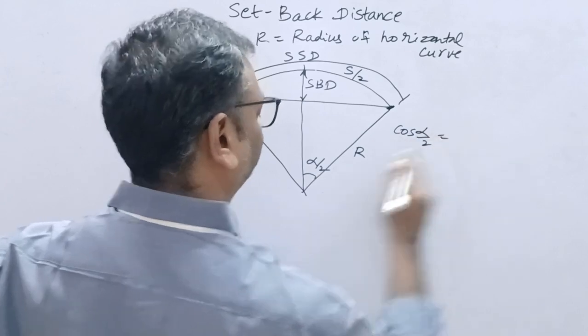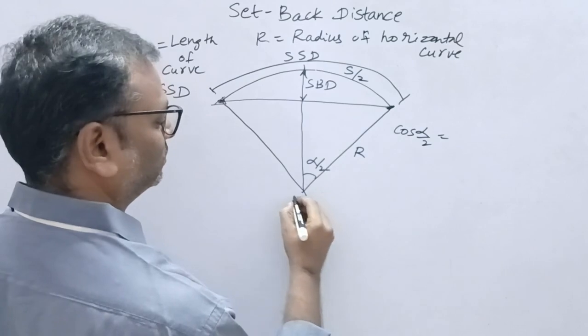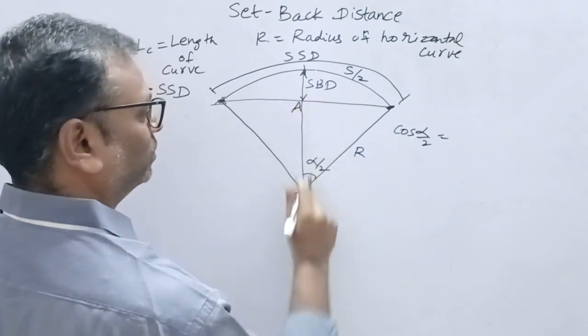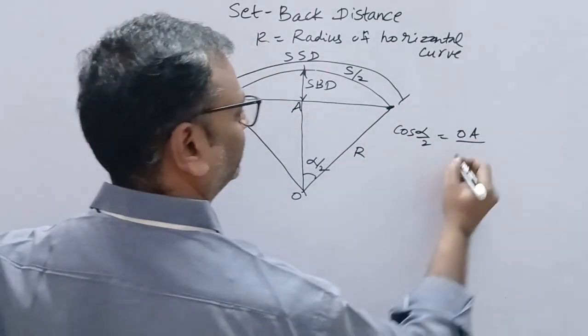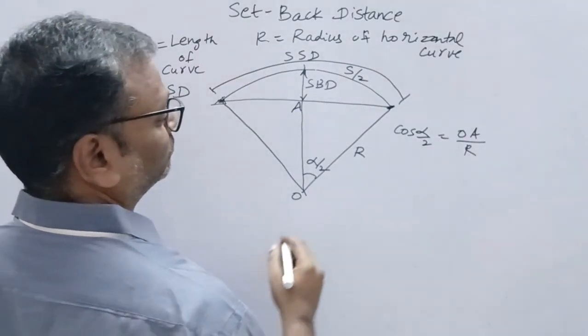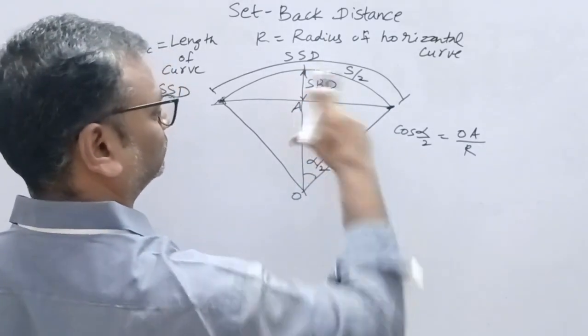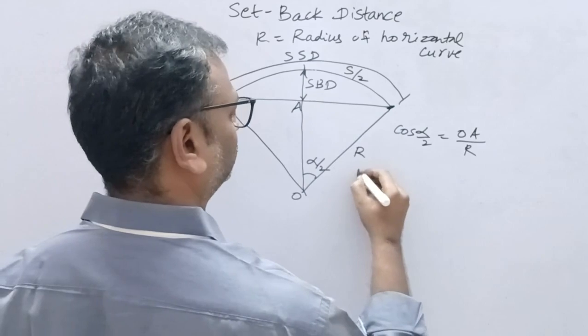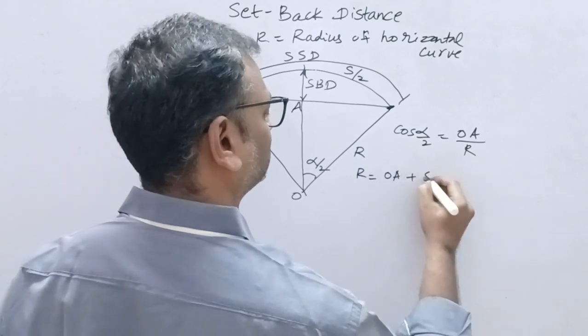Let us say cos alpha by 2 is adjacent side by hypotenuse. Say this is O and A, and this is the hypotenuse R. Now you see this total distance is also R. So R is equal to this OA plus the setback distance.